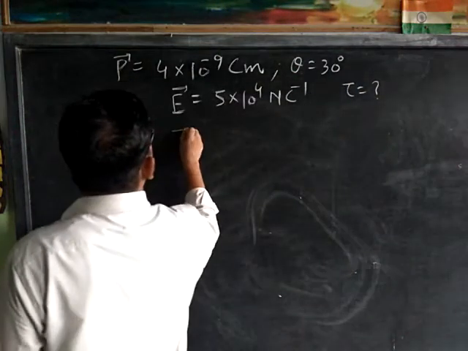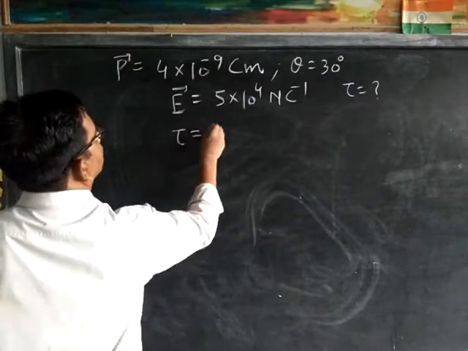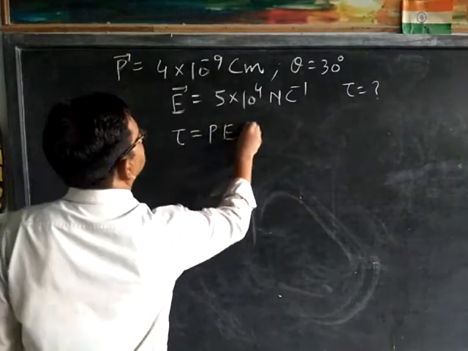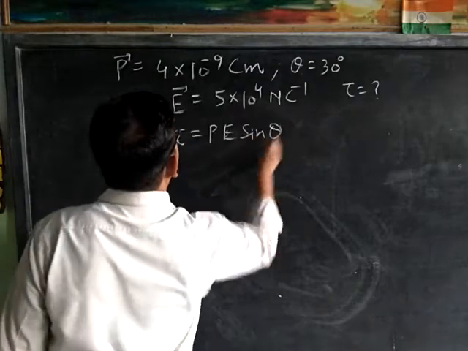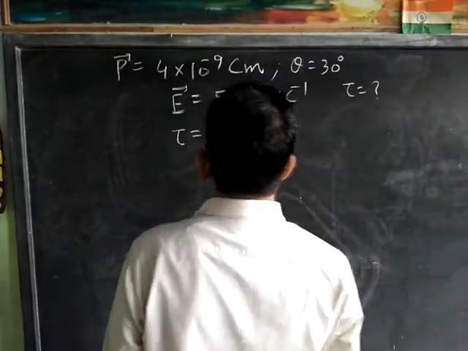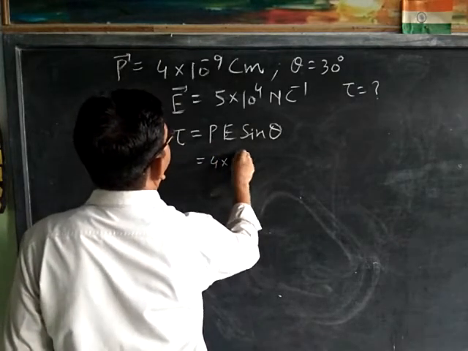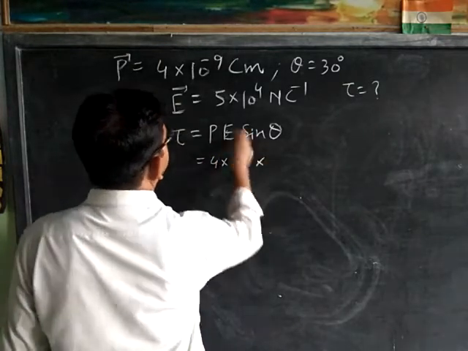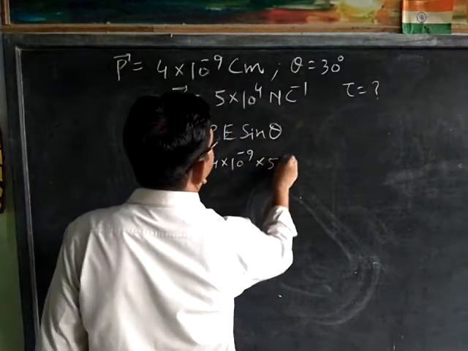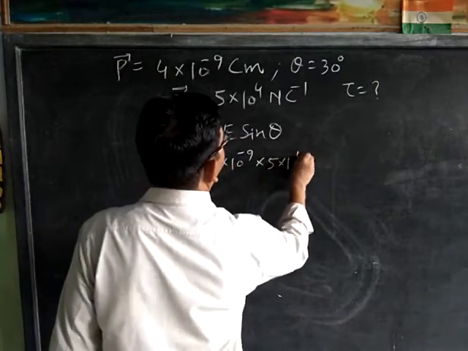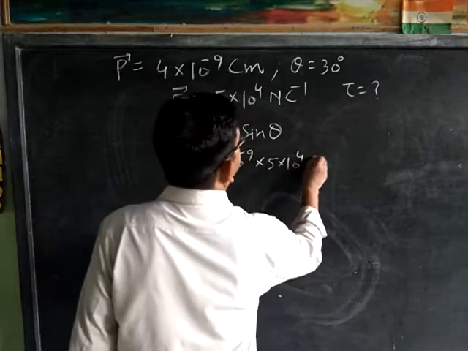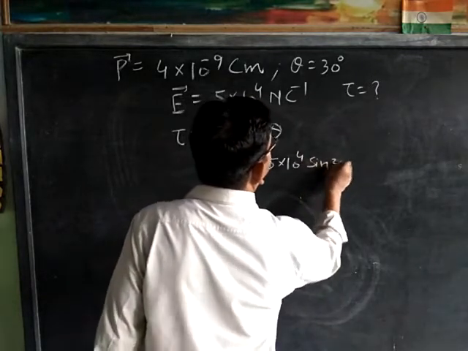We know tau is equal to PE sin theta. The value of P is 4 into 10 power minus 9, E is 5 into 10 power 4, sin 30 degree.